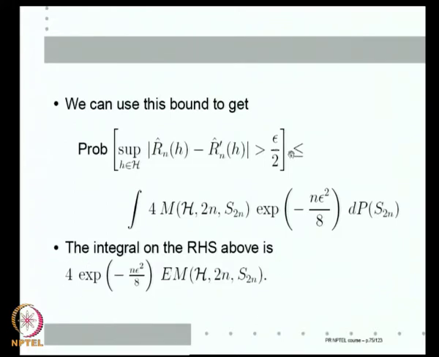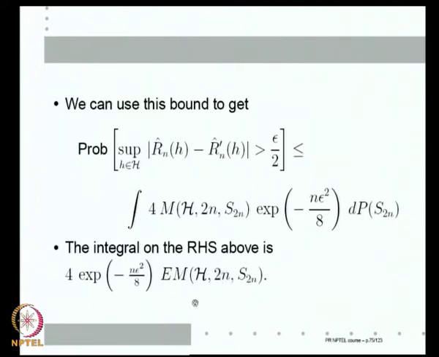So, now I got a proper bound. This can be bounded above by 4 times exponential of minus n epsilon square by 8 multiplied by the expected value of m(H, 2n, S2n), where m(H, 2n, S2n) is the number of distinguishable functions in H based on a sample of length 2n, where the sample happens to be specifically S2n.